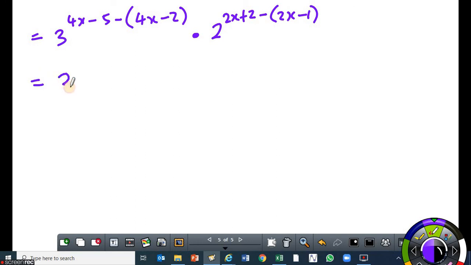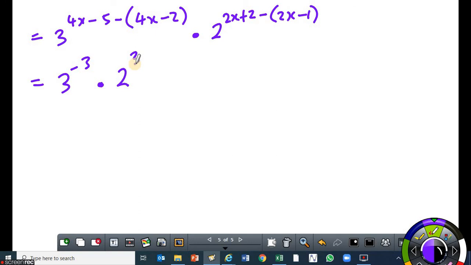So we end up having 3 to the power of negative 3. Are you following? And then from there, multiply. Then here, 2x minus 2x gives us a 0. Then 2 minus 1, that will give us a 3. So we end up having 2 to the power of 3.